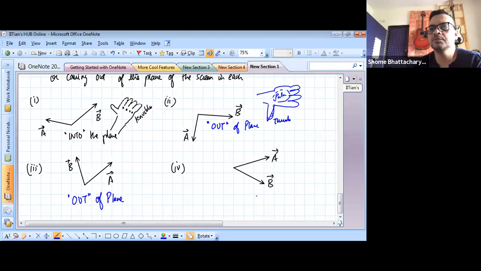And this one will again be into the plane. So again, if you place your hand this way, you can see your knuckles are facing you. The palm is the other way.